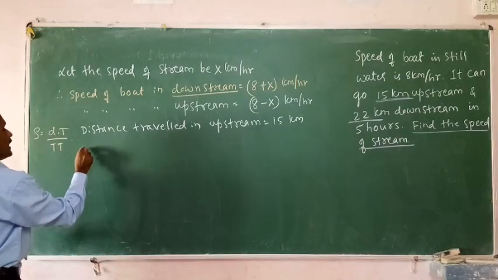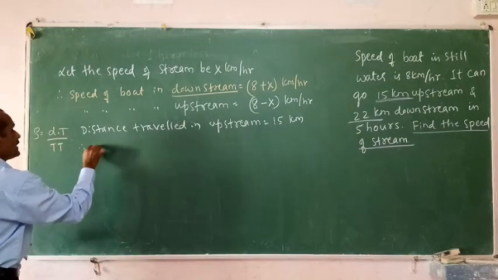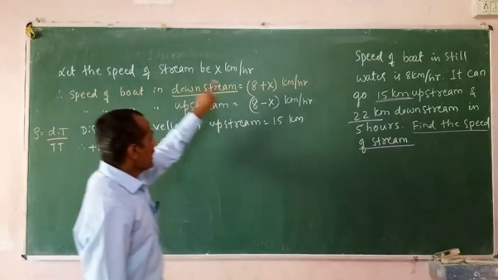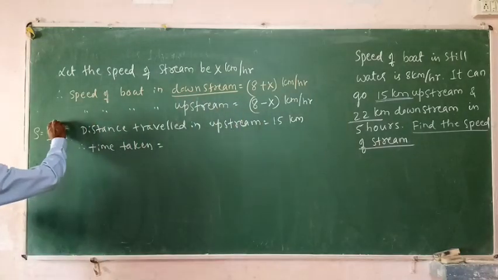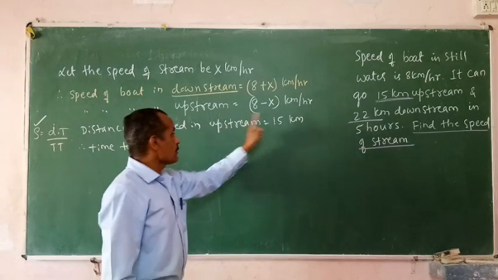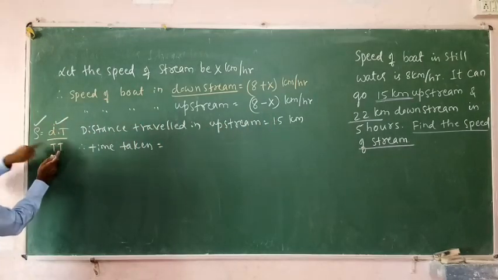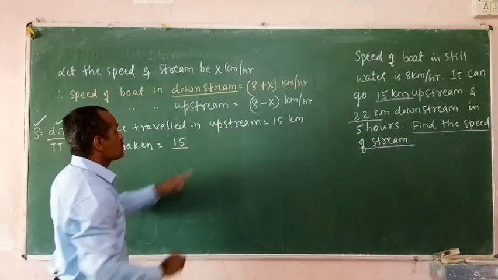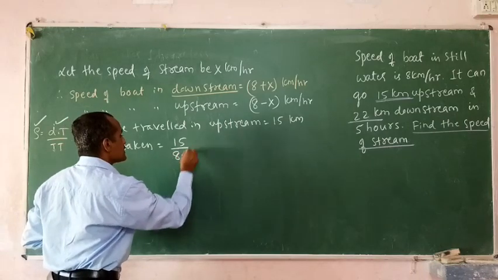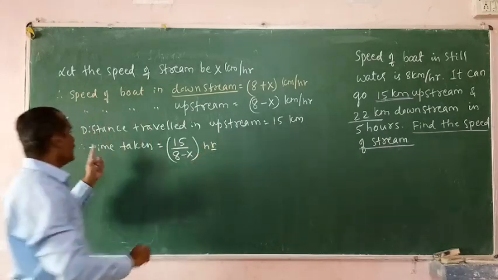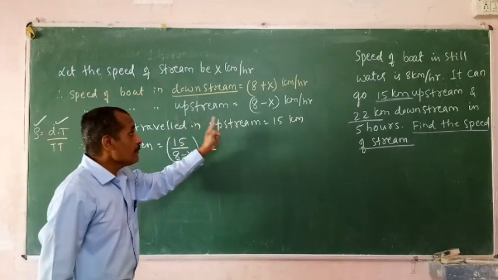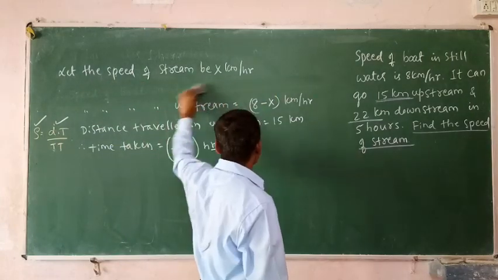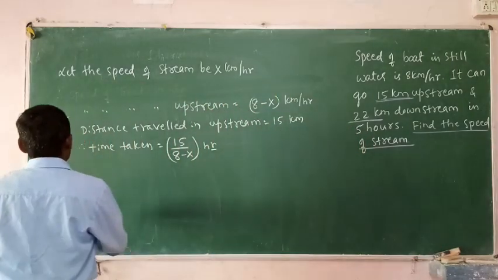Therefore, time taken is equals to, see, upstream speed 8 minus x is known, distance traveled is known, 15 kilometers. I want time, so time is equals to distance by speed. Distance divided by speed is 15 by 8 minus x hours. This much is the time taken in the upstream. I will take the entire story later. First let me clear the upstream. I will write clearly.